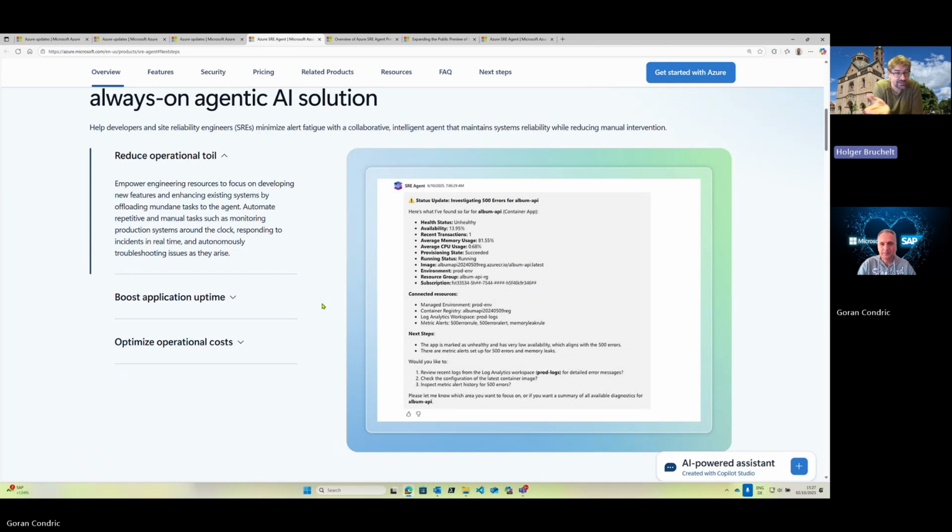So I hope that these topics will also be available with the SRE agent at some point in time. Exactly, and it understands Azure as well and the connection of all the Azure components, which are interconnected, and that's a very good start.